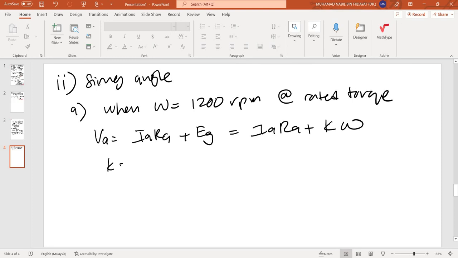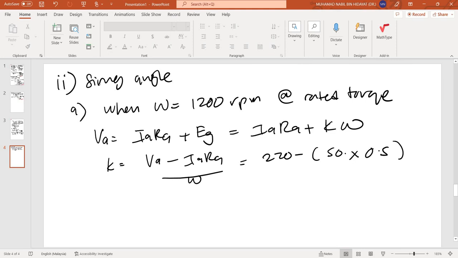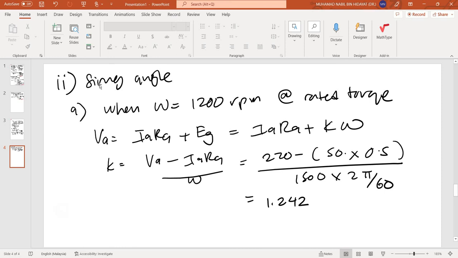So we need to find the value of K. So from IARA, K equals to 220 minus 50 times 0.5, over 1500 times 2 pi over 60. So you get 1.242.